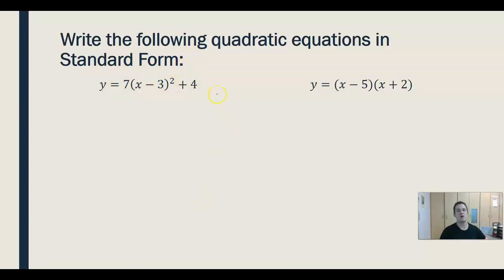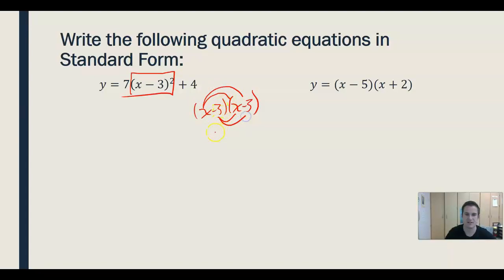So using my order of operations, I'm going to have to square this first. So let's do that. X minus 3 squared is the same as x minus 3 times x minus 3. I'm going to bounce back between the rainbow method and the box method for multiplying. So x times x, x times negative 3, negative 3 times x, negative 3 times negative 3.